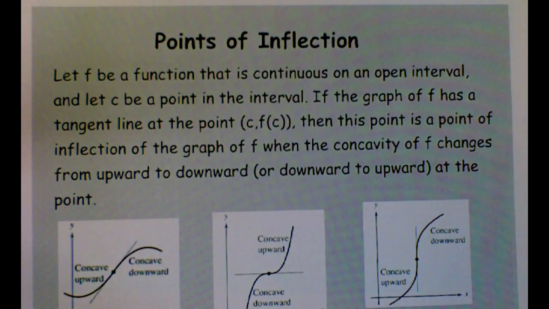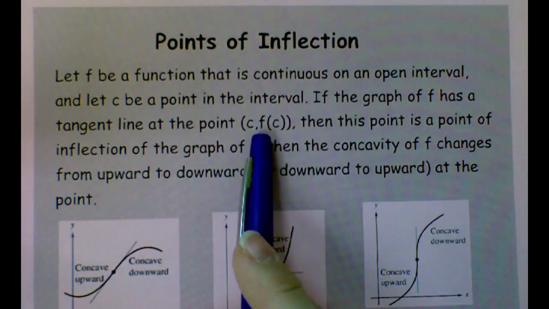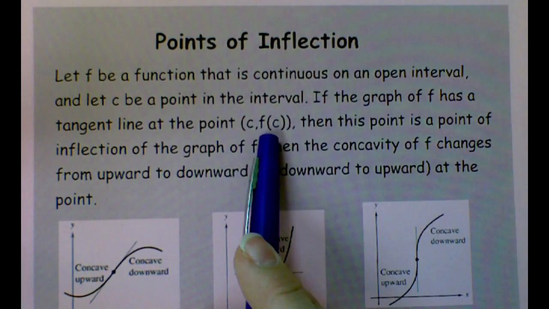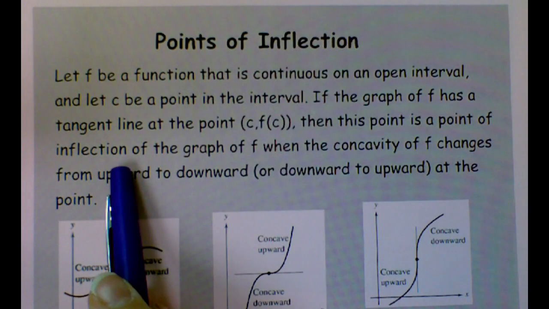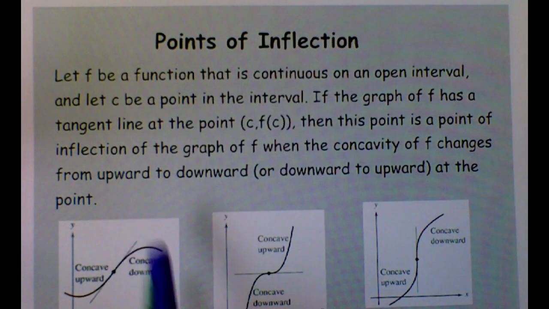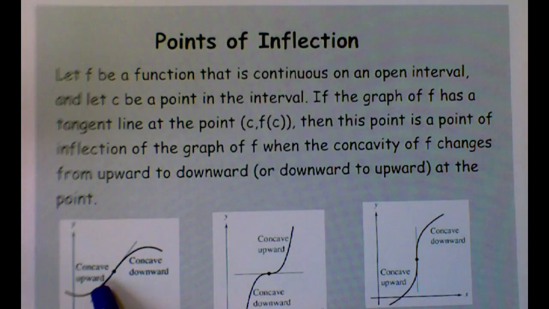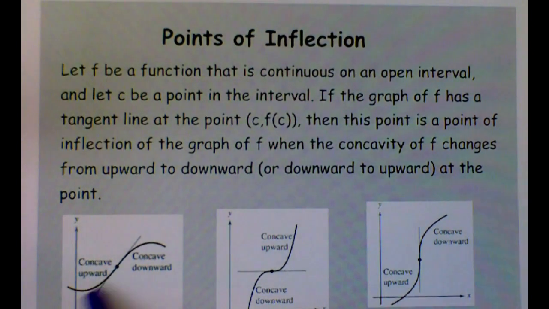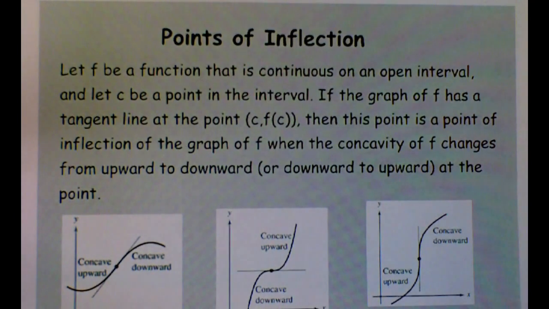So if the first derivative exists at this point, that's what this says if it has a tangent line. If the first derivative exists, then we have a point of inflection, but only if the concavity changes there. Sometimes the concavity doesn't change. But here we have 3 pictures of points of inflections because the concavity changes, concavity changes, concavity changes.